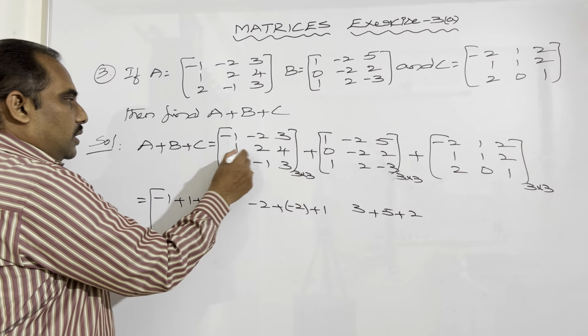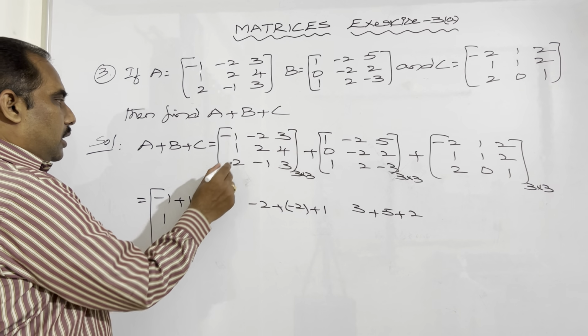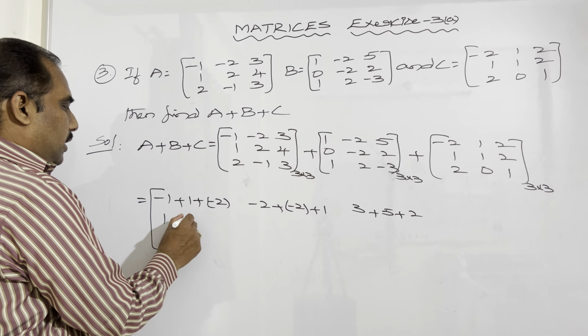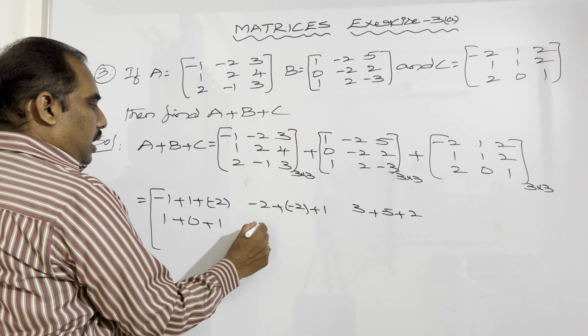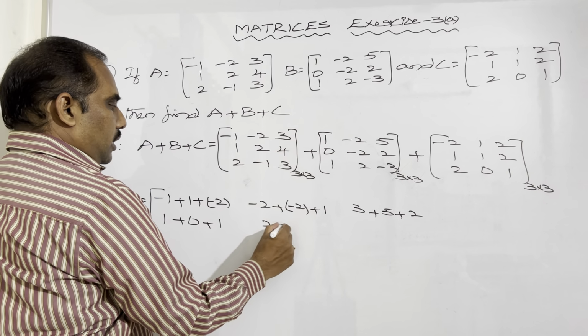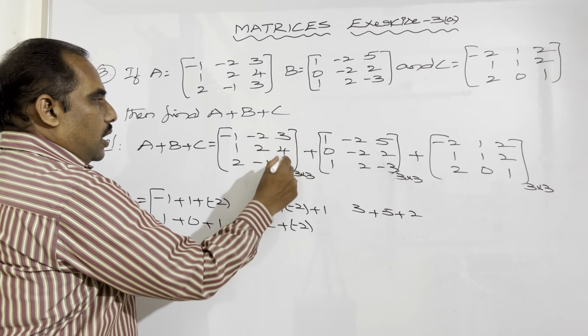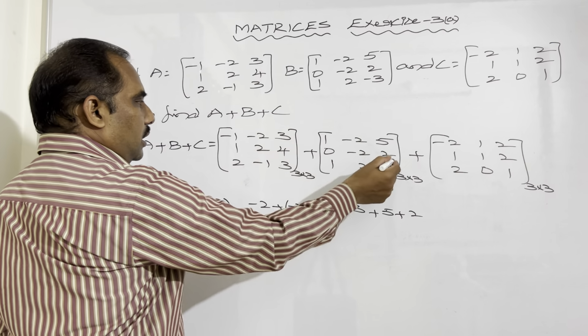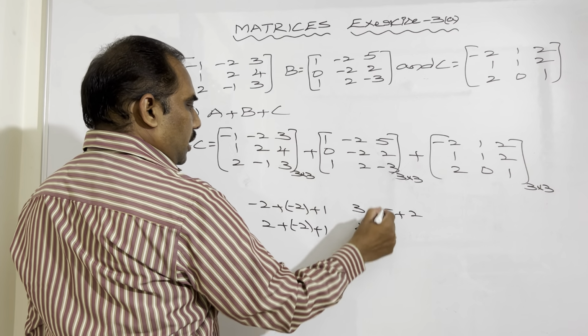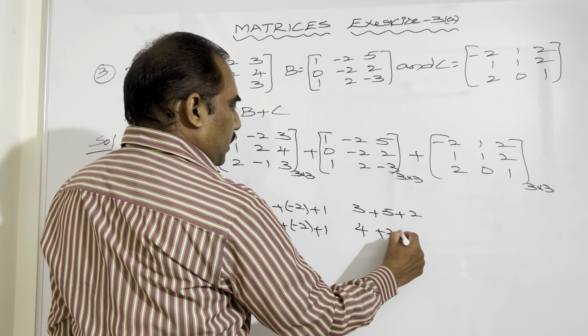Now in the second row, the corresponding elements are 1 plus 0 plus 1, and 2 plus minus 2 plus 1, and the third element is 4 plus 2 plus 2.